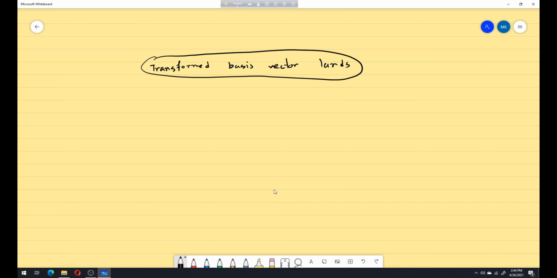Okay, in case of the previous example, the transformed I cap actually landed on a particular point 1 minus 2, and j cap landed on a particular point 3 0, right?